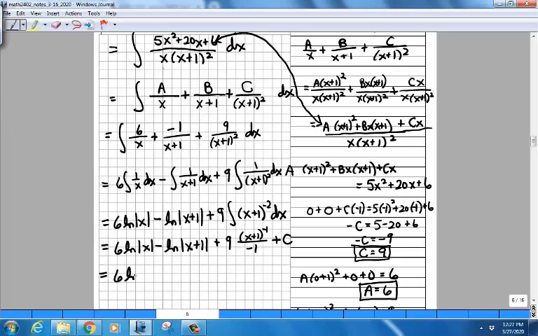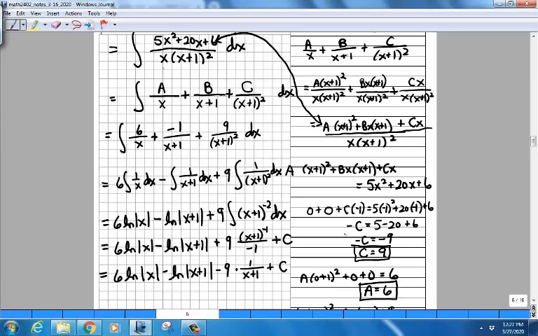So the integration is all finished now. I have my antiderivative now, and we're going to simplify it a little bit. This would be minus 9 times 1 over x plus 1, right? Minus 1 goes into 9, minus 9 times. But then the x plus 1 to the minus 1 power, you can write that as the reciprocal.